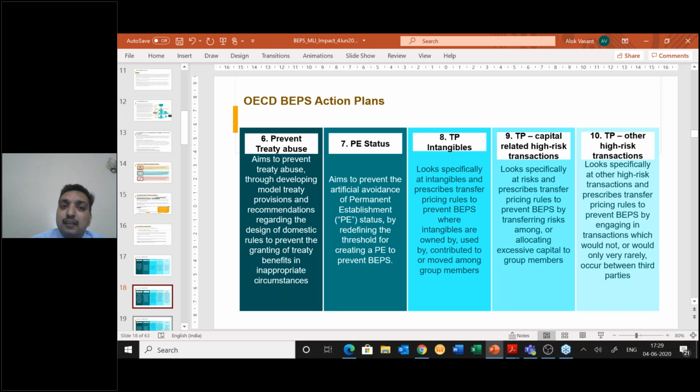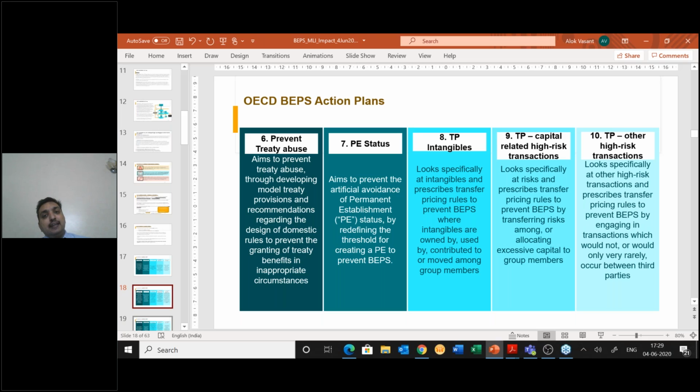Then they have also looked at the permanent establishment definition, and they have tried to plug certain gaps there, and they have redefined the thresholds, so as to ensure that the source country does not lose out on the tax revenues.